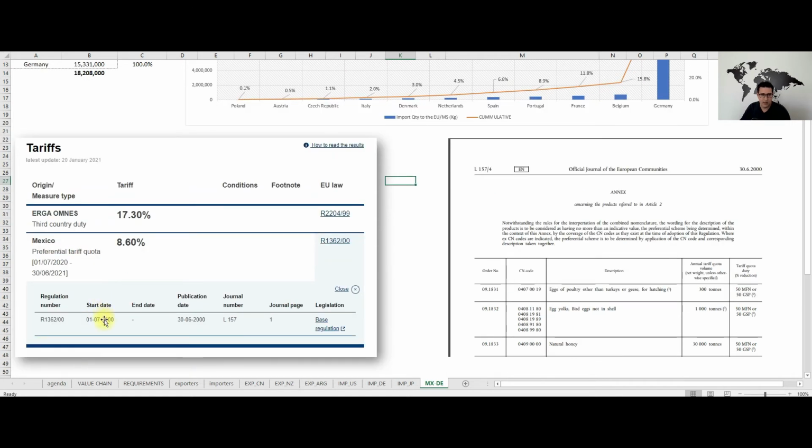But since the 1st of July 2000, there has been a preferential tariff quota between Mexico and the European Union, and the tariff was almost halved to around 8.6%, given that the annual tariff quota volume is below 30,000 tons.